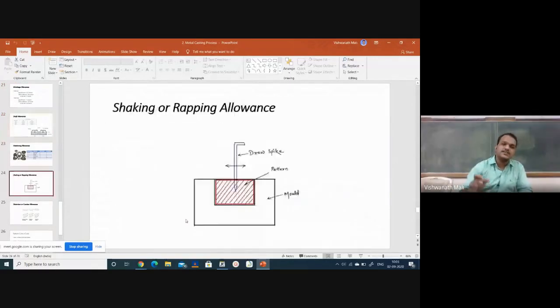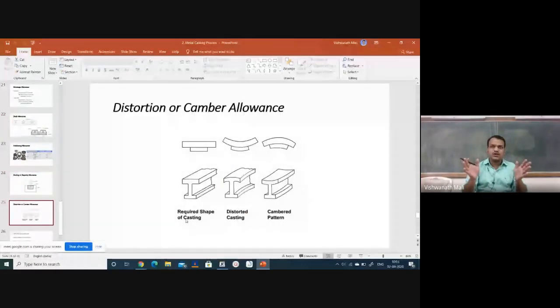In some cases, when there are no internal surfaces or any hole, it is generally added. That's why positive allowance is given. If you take a particular shape of product which does not have any internal surfaces or any hole, then of all the allowances we have studied, shrinkage, machining, and draft are positive, and the shaking or warping allowance is negative.